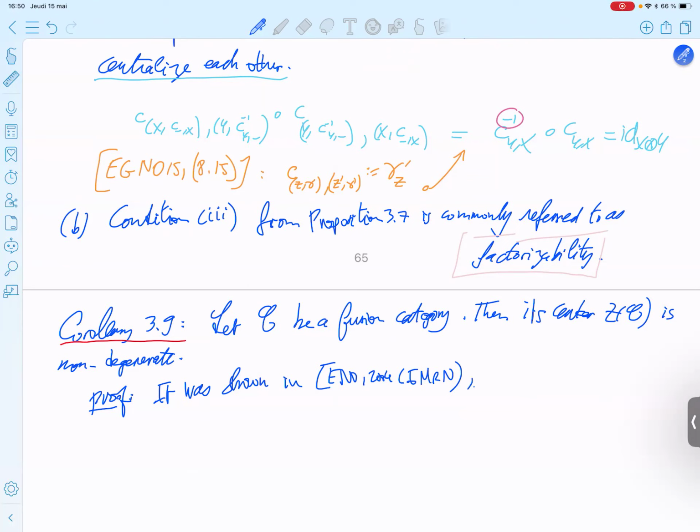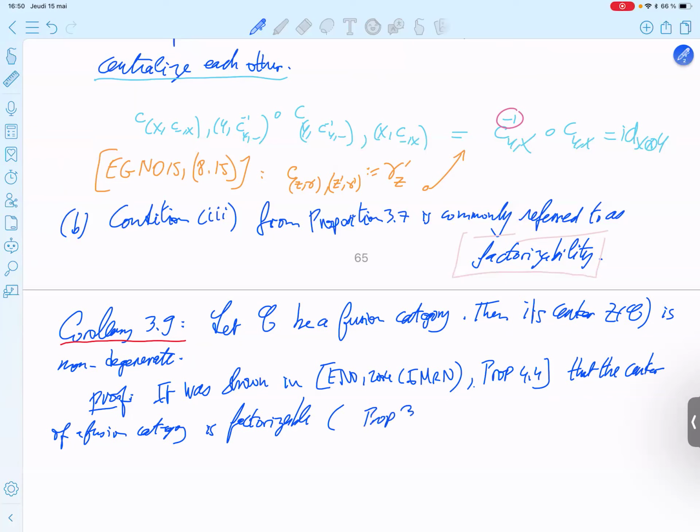I don't remember. Proposition 4.4: the Drinfeld center of a fusion category is factorizable. And then you just need to see Proposition 3.7, third point.